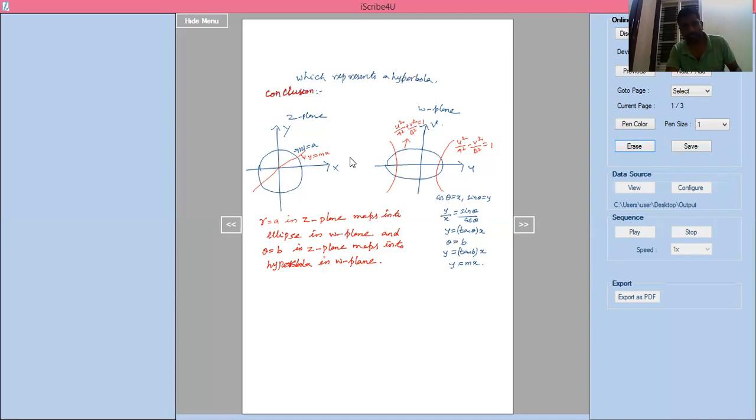Then y equal to mx, a straight line, maps to a hyperbola, which is the solution for w equal to z plus 1 by z using conformal transformation.